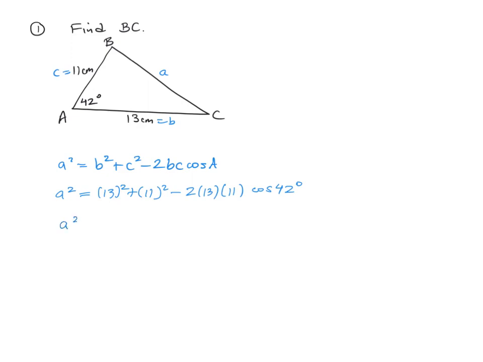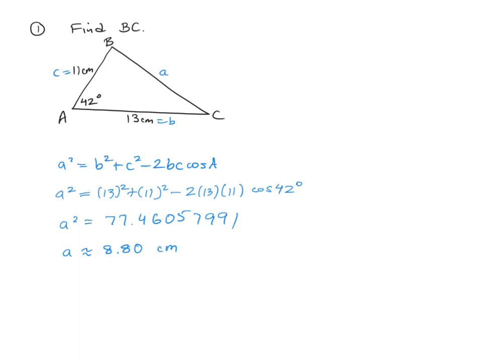So I get a squared equals 77.4605791. Now I square root both sides, and I don't have to worry about plus or minus because a is a length; it has to be positive. I report the answer with the required 3 sig figs, so a is approximately 8.80, and the units here are centimeters.